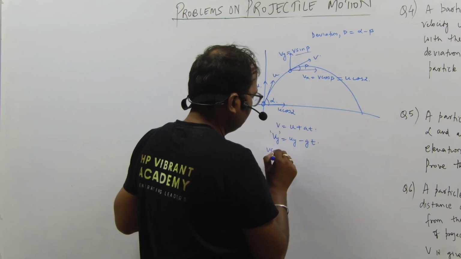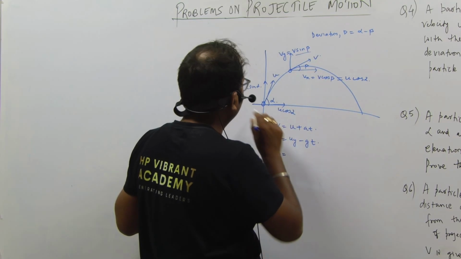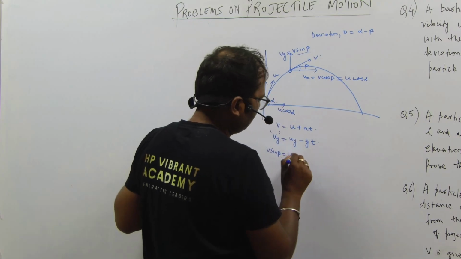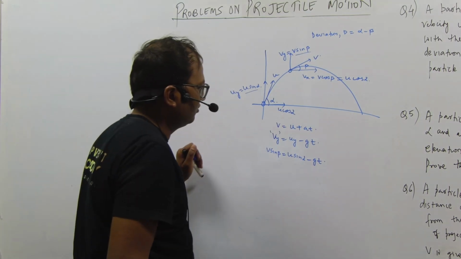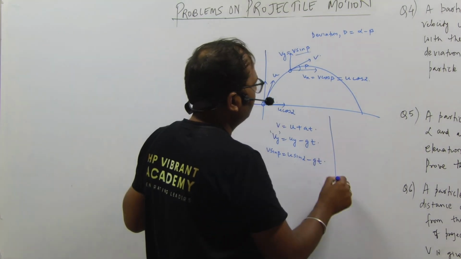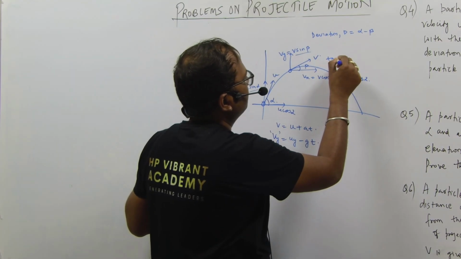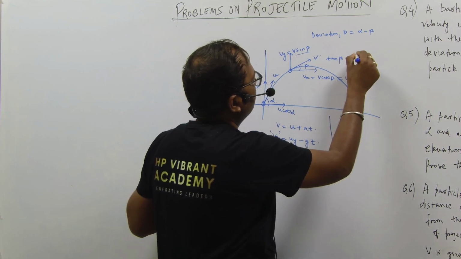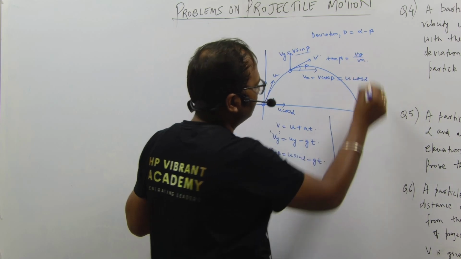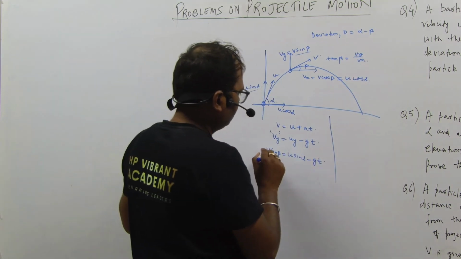So v sin beta is equal to u sin alpha minus g t. So we have from here tan beta is equal to vy upon vx.